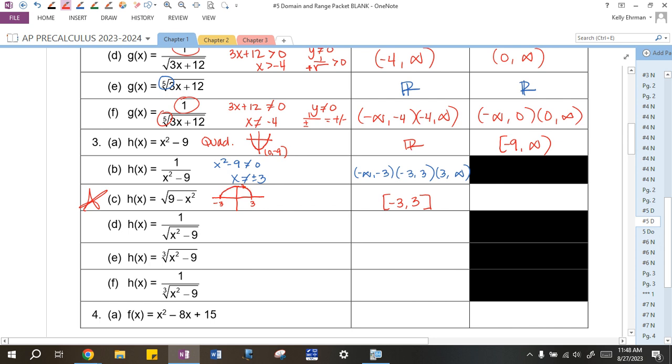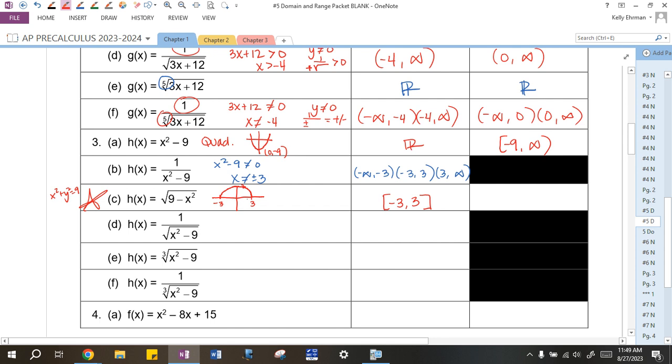So that's something I want you to study. If it's a difference of squares, the number is first, and it's under a square root, that's a half circle, right? We know that a circle equation is like x squared plus y squared equals 9. That's the full circle, and all we did here was solve for y with a square root, and that gives you the top half of the circle.